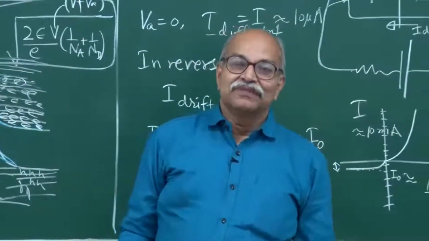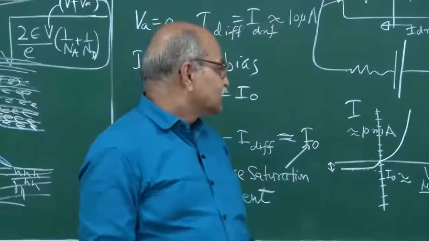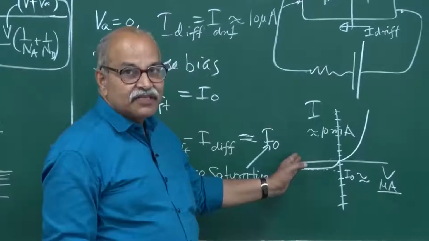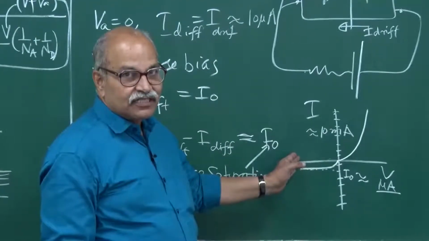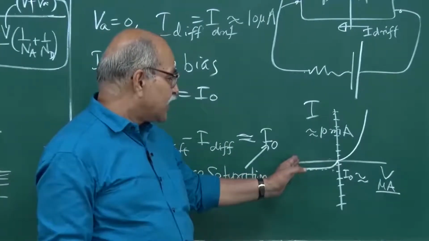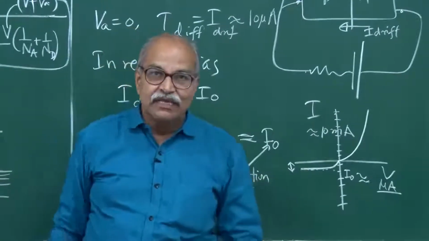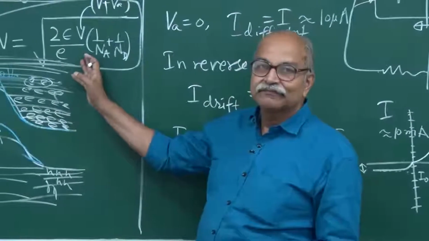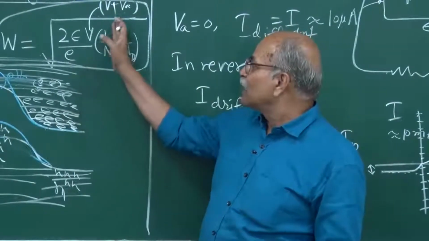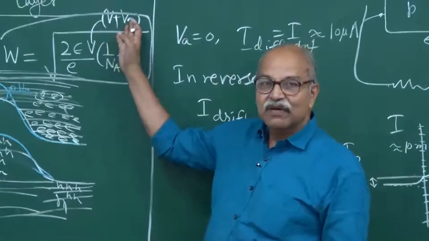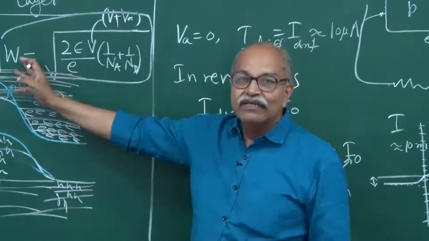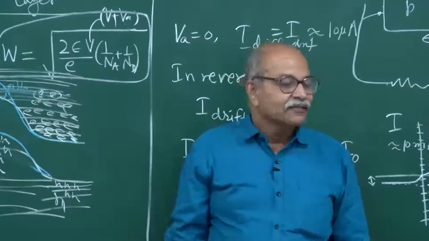So, now let me talk of what happens if I have a very large reverse bias voltage. Large reverse bias voltage also means wide depletion layer, this equation. If you apply a large reverse bias voltage, you are increasing the barrier, and therefore you are widening the depletion layer.